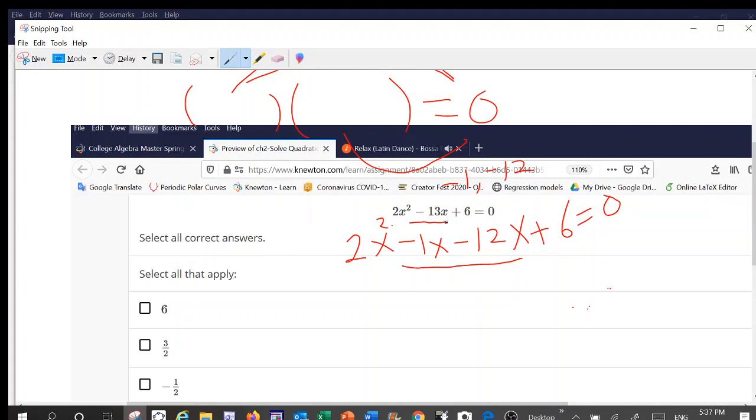Now these, we can do factoring by grouping. You can take these two and these two. What do they have in common? Looks like what they have in common is just x. So if I take x out of 2x squared, I get 2x. And if I take x out of x, it's just 1, right? And you can check, multiply, and see if you get the same thing. And then here, we could take minus 6 out of these two. If I take minus 6 out of minus 12x, what do I get?